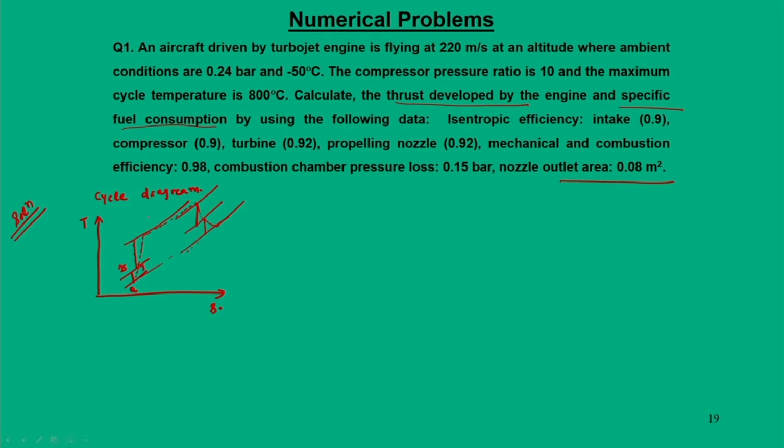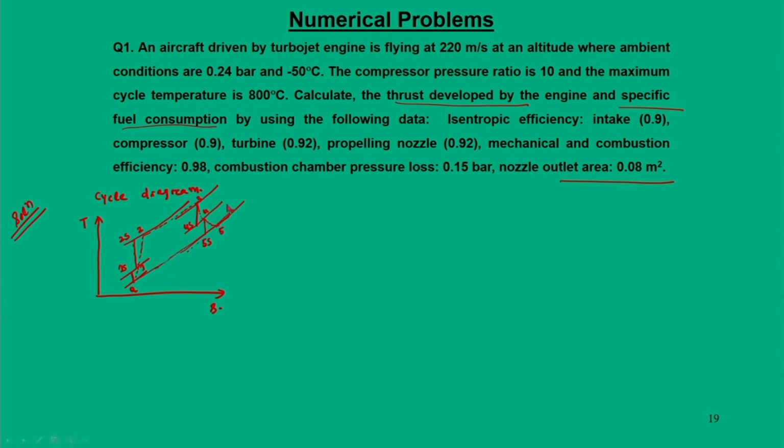So, 1 to A is intake, 1 to 2 is compression, 2S is isentropic compression, 2 to 3 is the heat addition in the combustion chamber, 3 to 4S is your isentropic expansion, 3 to 4 is actual expansion, 4 to 5S is the isentropic expansion in the nozzle, 4 to 5 is the actual expansion.